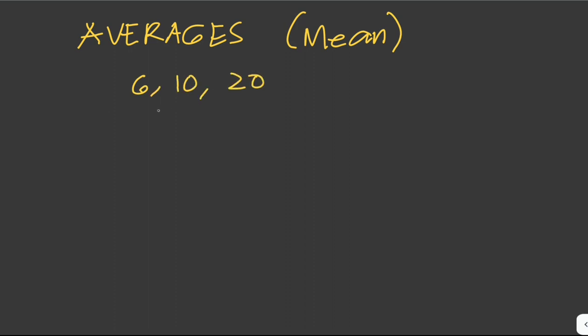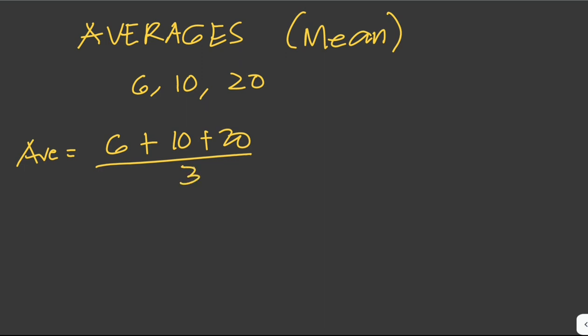What is the average of this? So there are 3 numbers here, 6, 10, and 20. So we just have to add up. Average is 6 plus 10 plus 20 over 3. So that is 36 over 3. That's just equal to 12. So that is the average of this given.